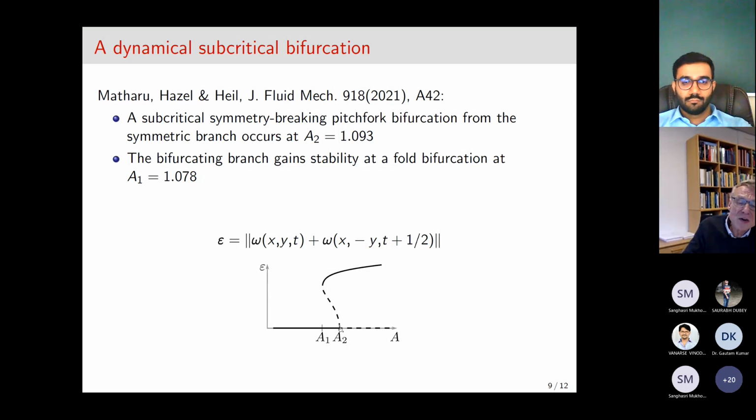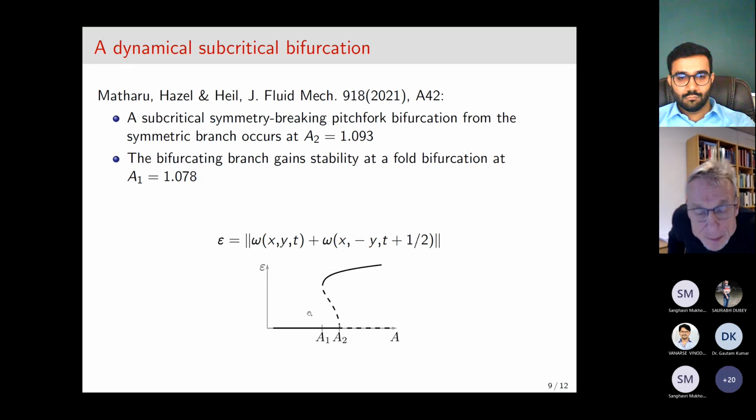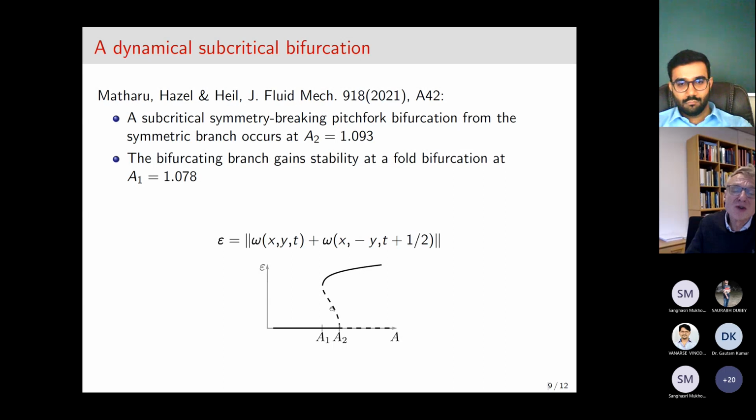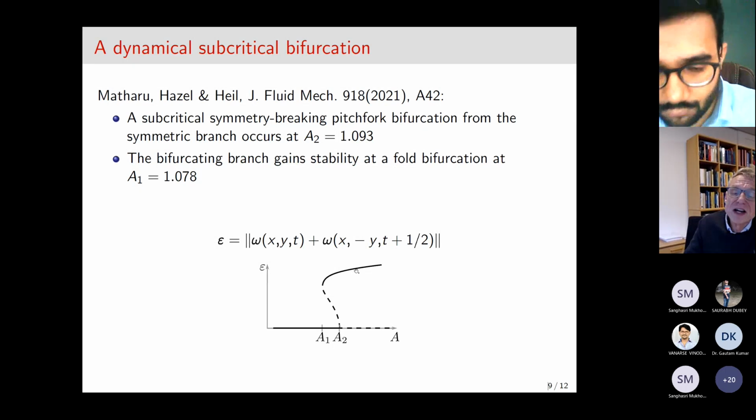But then out of this point, another asymmetric branch of solutions characterized by non-zero epsilon is created. And these new solutions, when you're close to this point here, are unstable. And so they coexist with the stable symmetric solution. But this branch turns around in a fold bifurcation and gains stability.